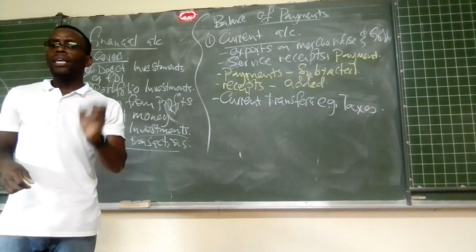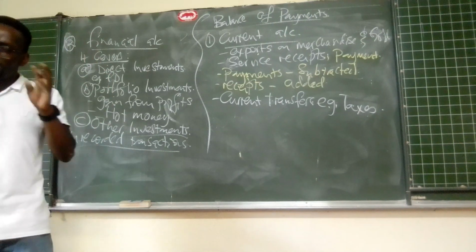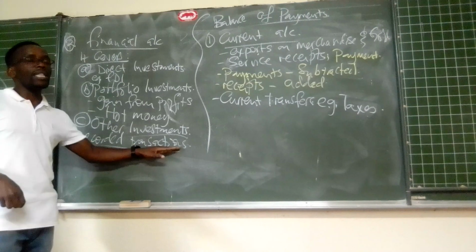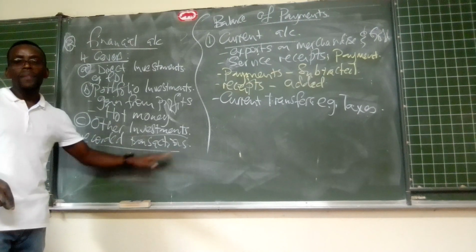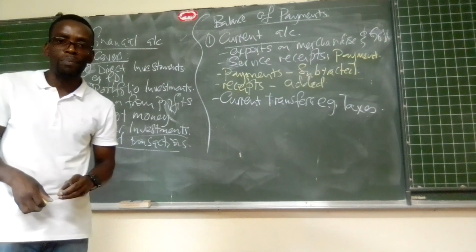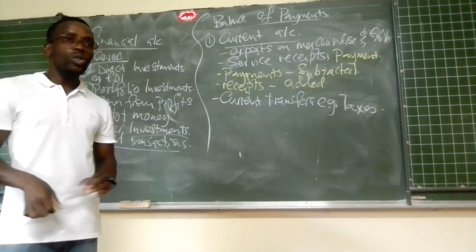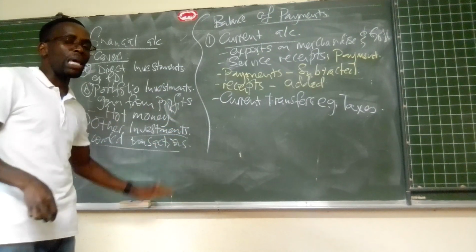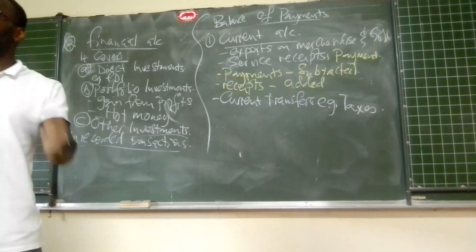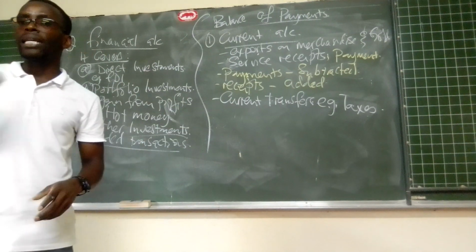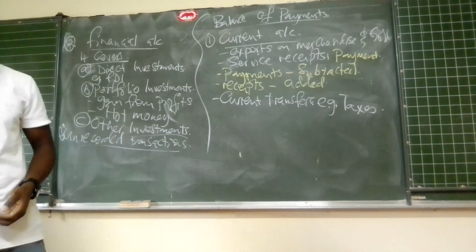Now in economics, such differences give rise to what is called the unrecorded transactions. In other words, our unrecorded transactions is a balancing item, a balancing act to try and have the payments equal to the receipts, or the amounts on the debit side equal to the amounts on the credit side.